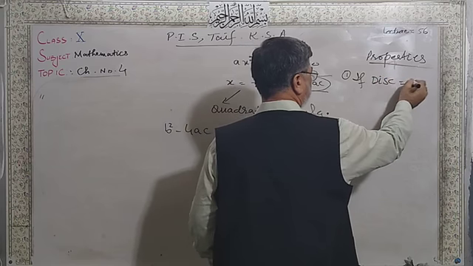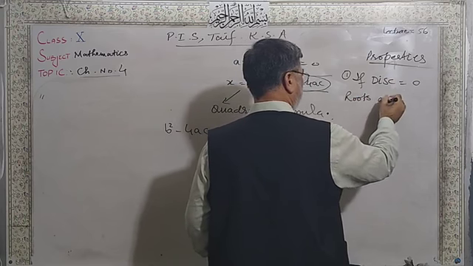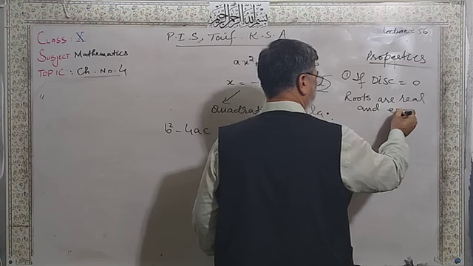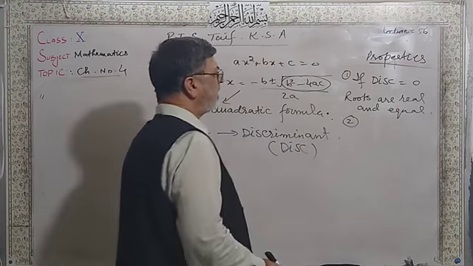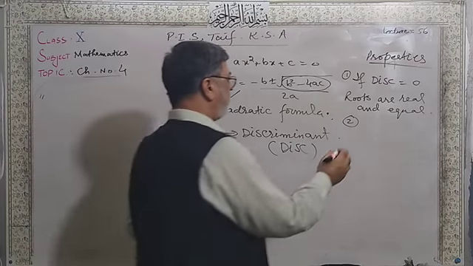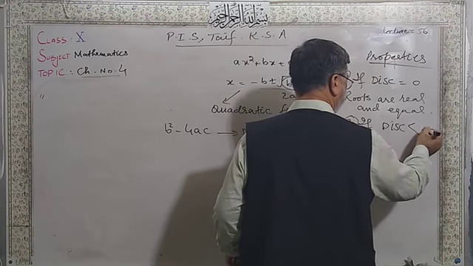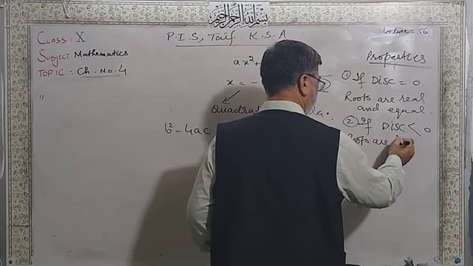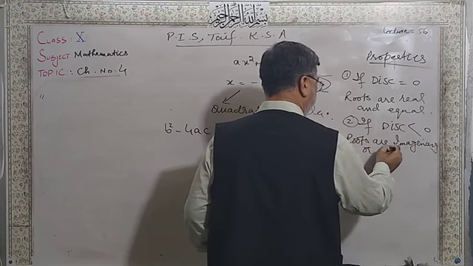Dear students, number 1, if disc is equal to 0, roots are real and equal. Roots are real and equal. Number 2, if disc is less than 0, roots are imaginary or complex.